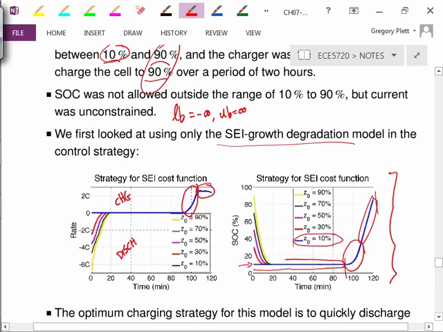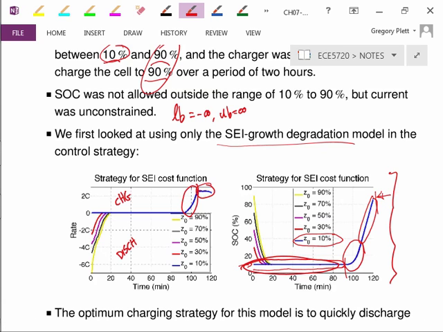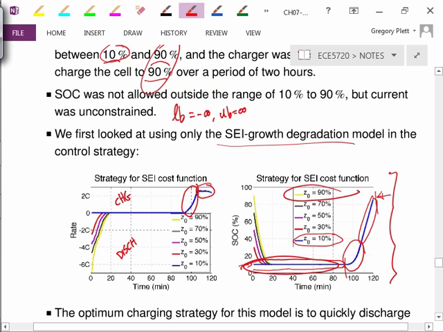So that's why it's hanging out here. It's dwelling at this low state of charge as long as possible, because that's where I'm losing the least amount of lithium. And then I'm charging up to the maximum state of charge right at the very end, because even at resting rates, staying at that maximum state of charge has a high rate of lithium loss. That's why if we look at the 90% case next, this was the result that was perhaps surprising.